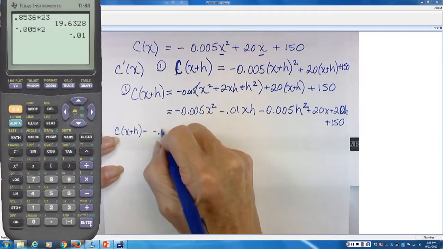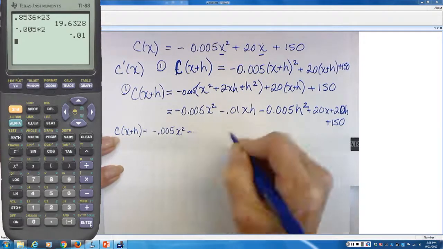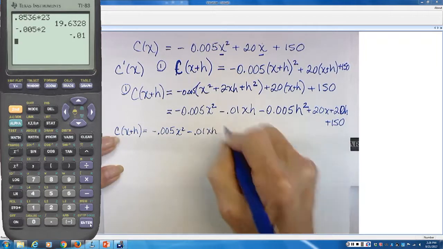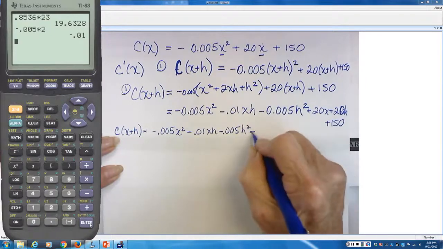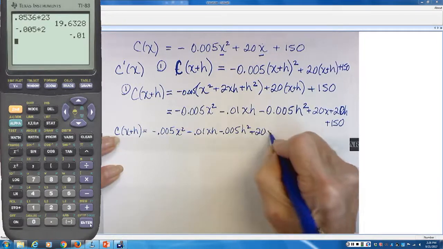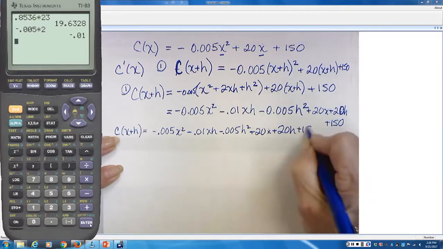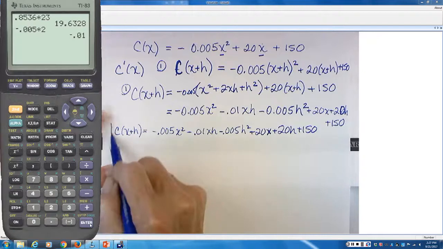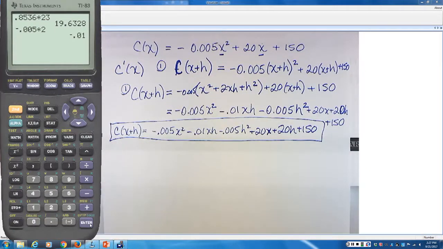Negative 0.005 X squared minus 0.01 XH minus 0.005 H squared plus 20X plus 20H plus 150. That's going to be the longest step in the whole problem.